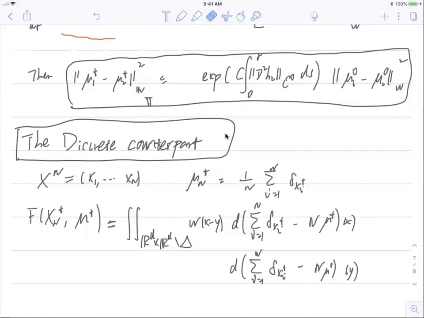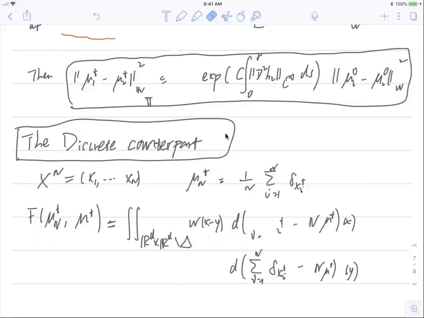Instead of using xn t, let's use mu n t, because the empirical measure gives you all the information on the particle system. So here we just divide by n, 1 over n squared.